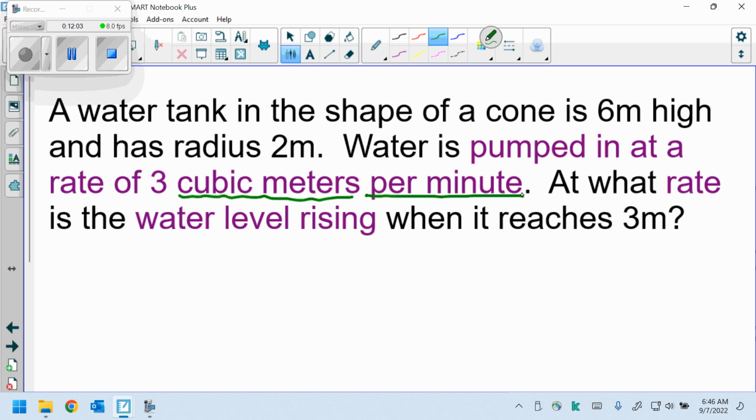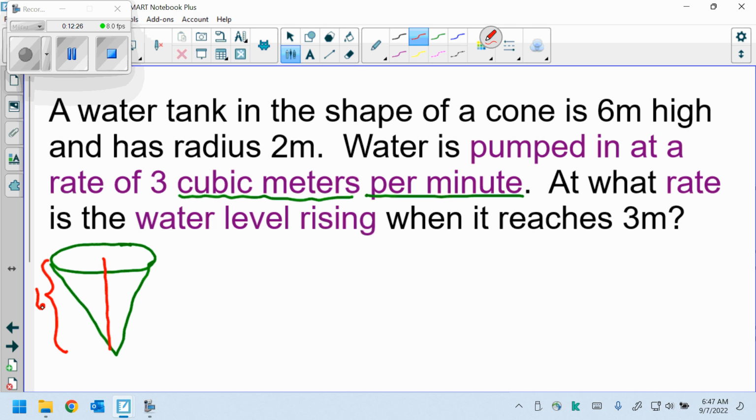Well, let's draw this thing. We got this tank. And it is, now this is constant. This height here is 6. This radius here is constant.